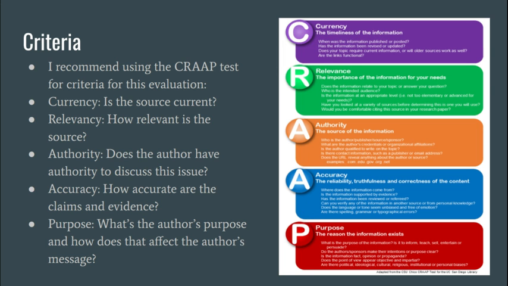Do they back up their claims with evidence? Is that evidence accurate? Those kinds of things. And then purpose. Look at the reason why this information exists, because we know that every author has a purpose. So how does that author's purpose affect their message or their credibility and those kinds of things? So these are the criteria that I'm going to be using as we look at this particular article.